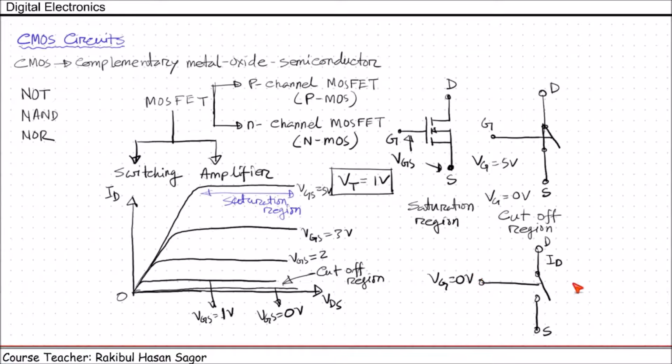And this condition is named as off condition. This condition is named as when the switch is shorted. This condition is named as on condition, and this condition is named as off condition.